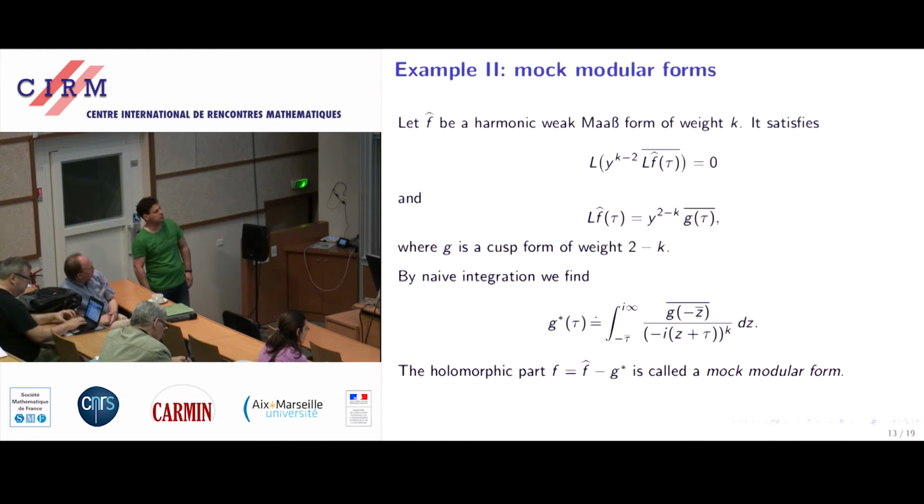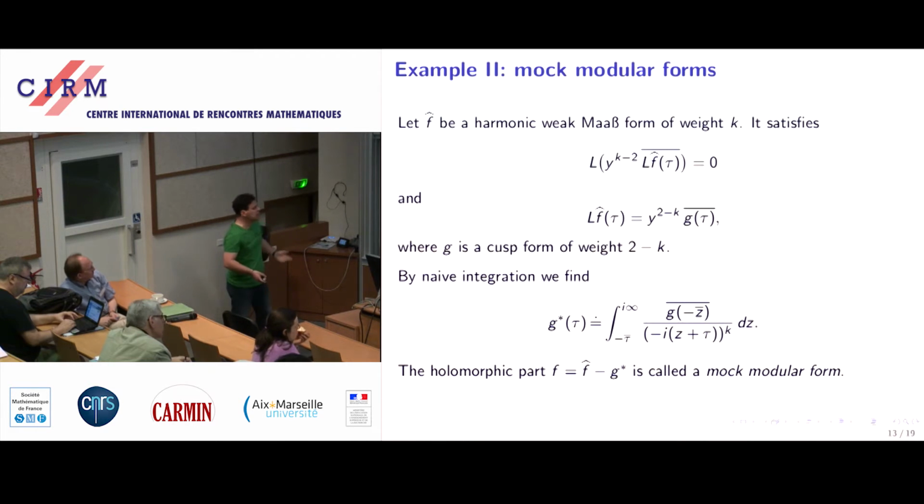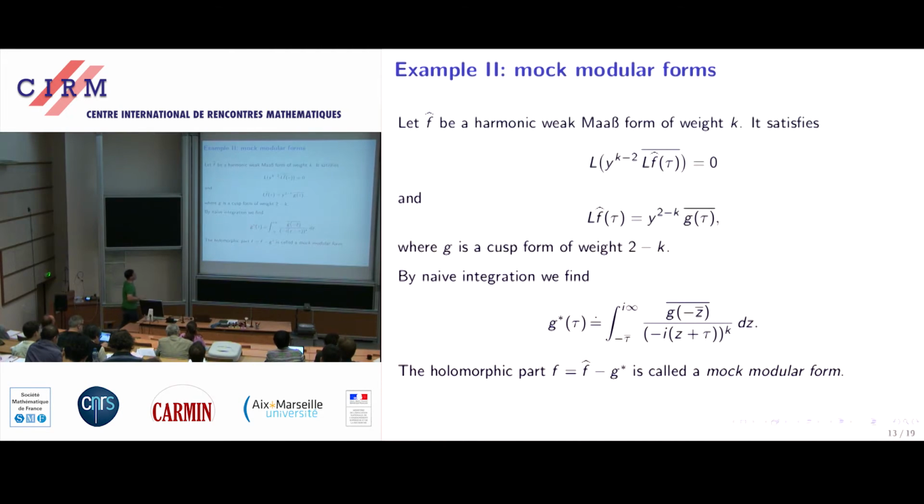You just divide by y to that power, and you take an antiderivative in the tau bar. You can immediately see that this G star, if you apply the Maass lowering operator to it, you just take a derivative with respect to this. If you plug it in, you immediately get G back. So this is what would happen if you do naive integration in this case.